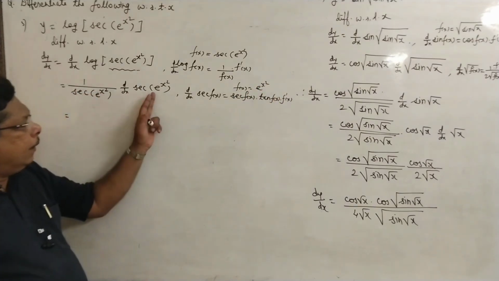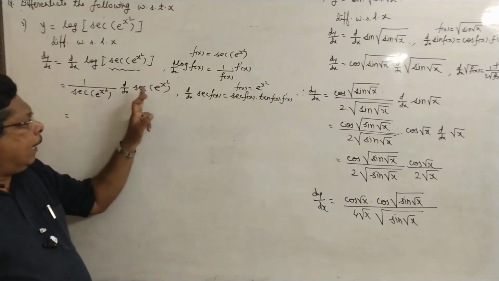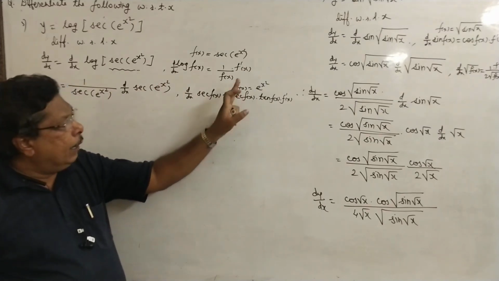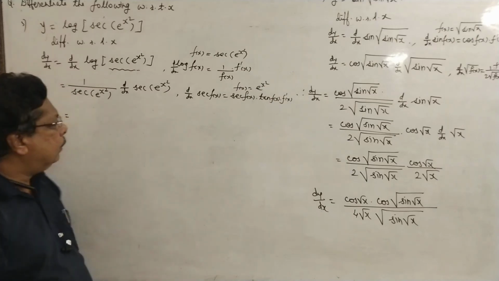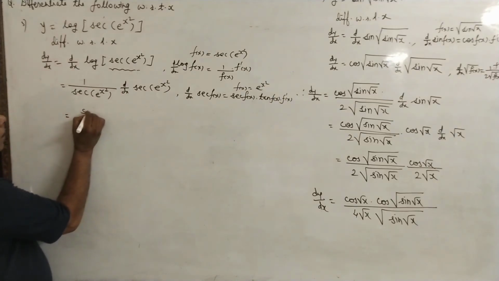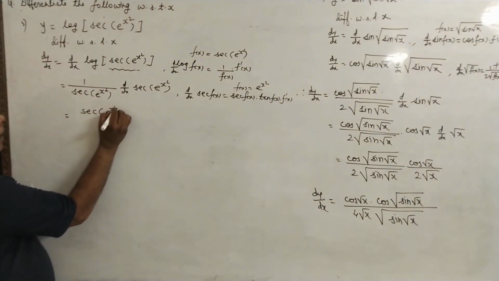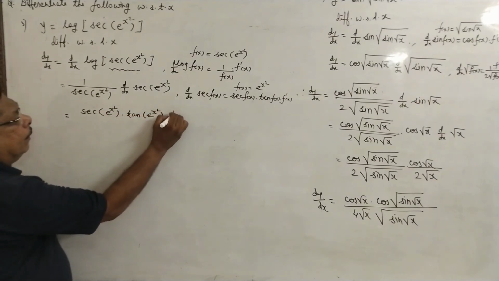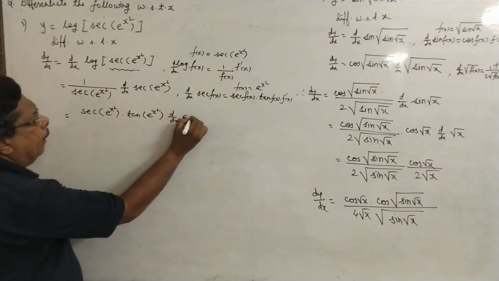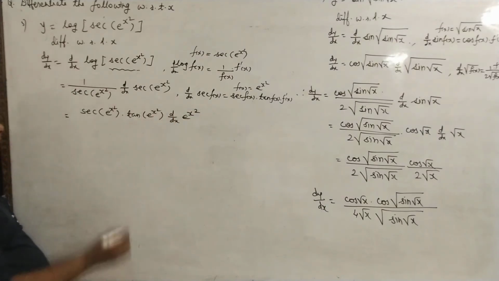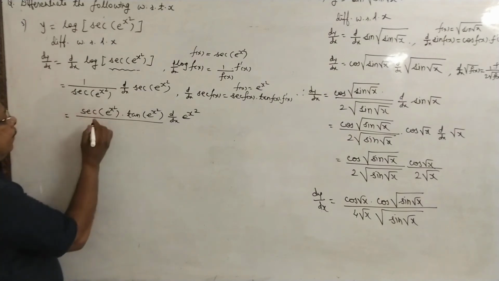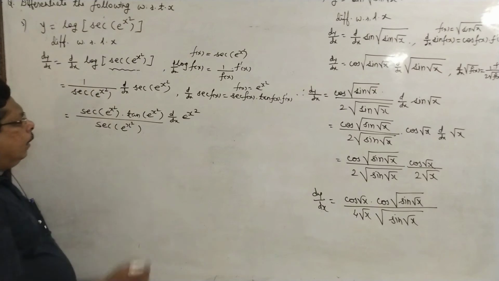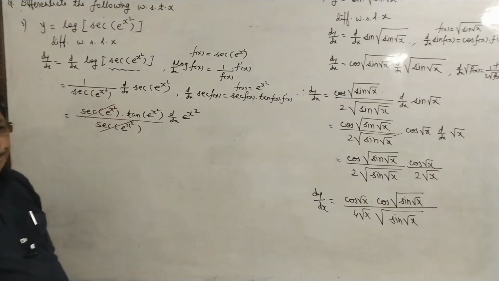So its derivative is sec e raised to x square into tan e raised to x square into the derivative of e raised to x square, divided by sec e raised to x square. Now this term is the same, so cancel it.